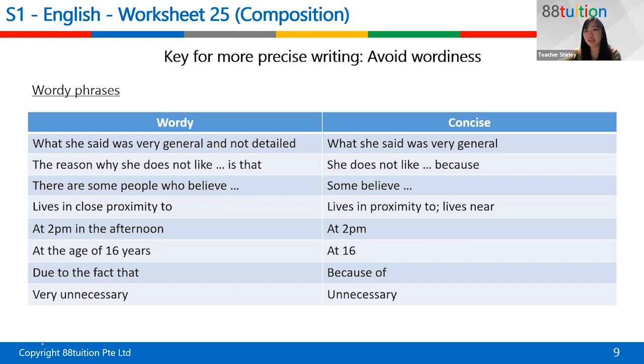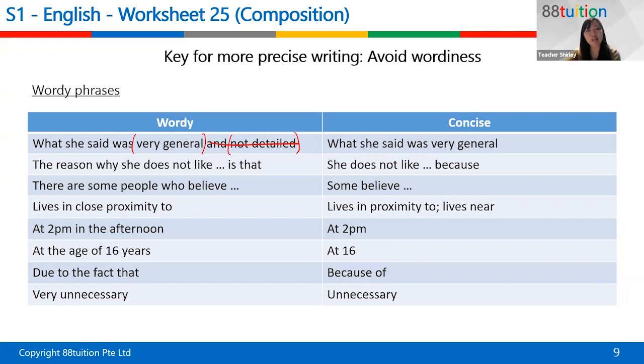Okay, and the last part before we do some exercises, wordy phrases. What she said was very general and not detailed. Isn't very general and not detailed the same meaning, right? So you can just cancel one. What she said was very general.